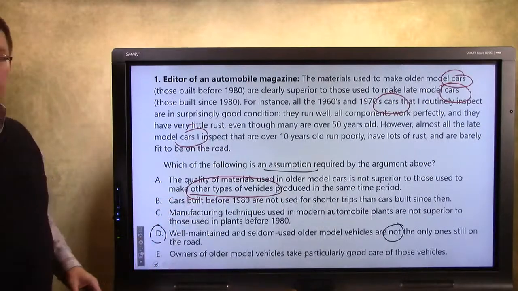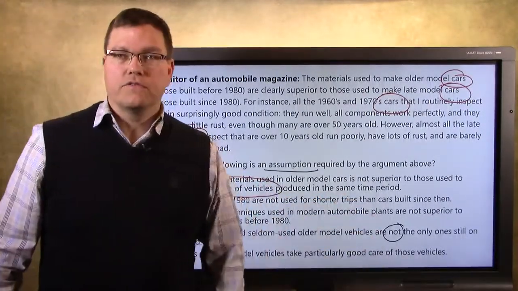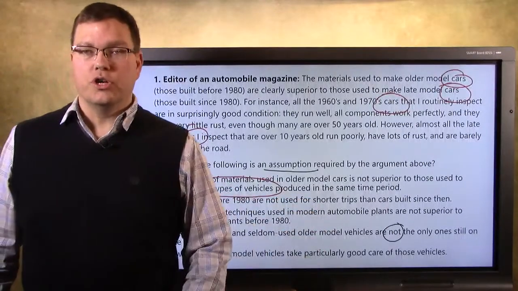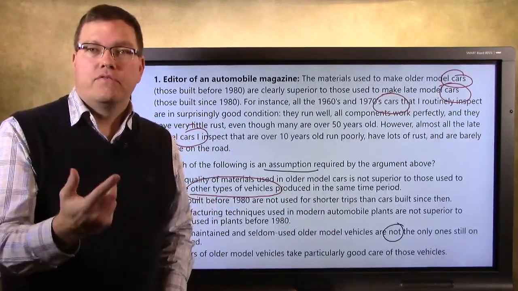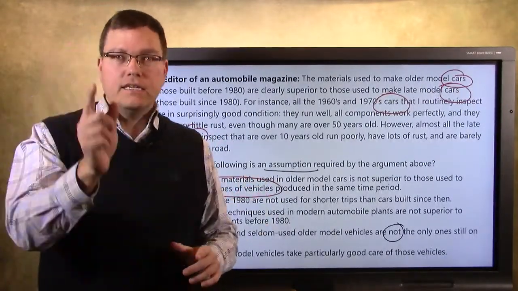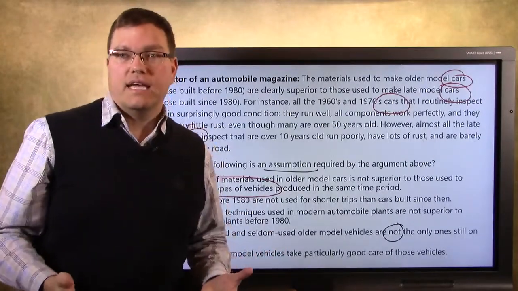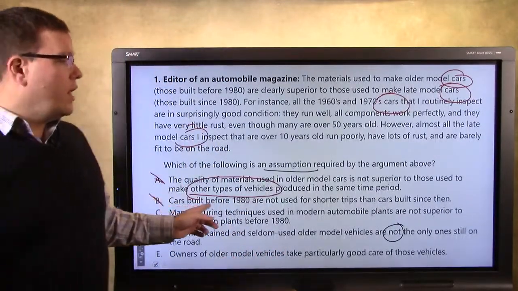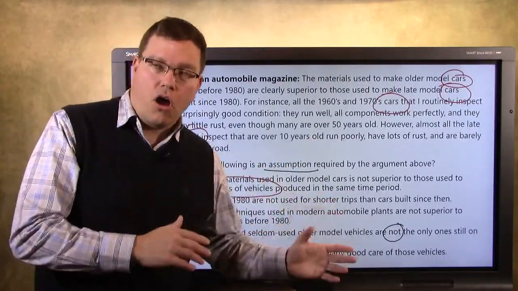Answer choice B is irrelevant. Cars built before 1980 are not used for shorter trips. Remember, if you have to make up for the answer choice, then that's not going to be the right answer. Because listen to the story. I call this telling a story. Listen to the story you'd have to tell for answer choice B. Well, when you drive a shorter trip, it doesn't put as much wear on the car.